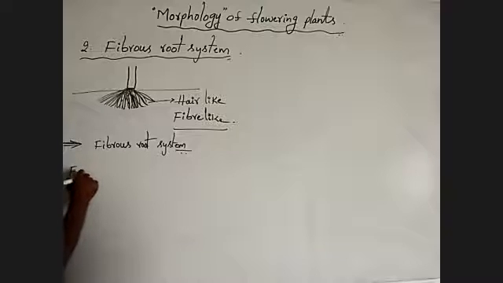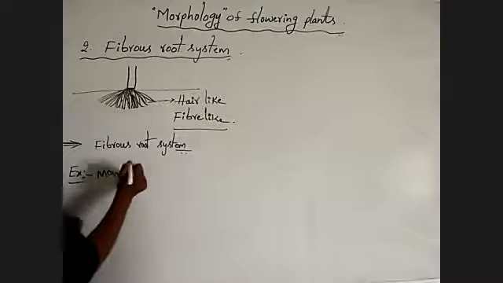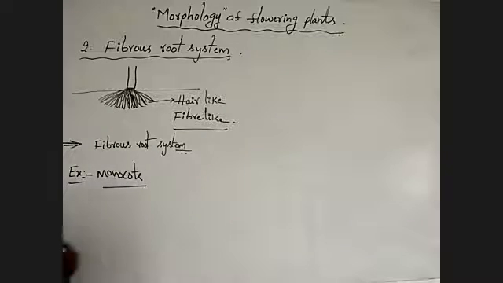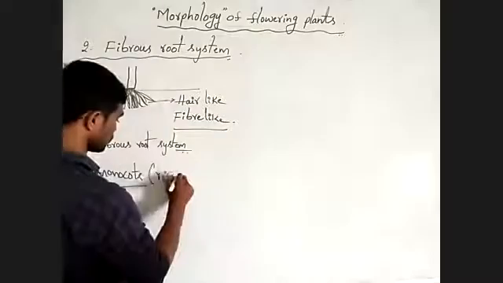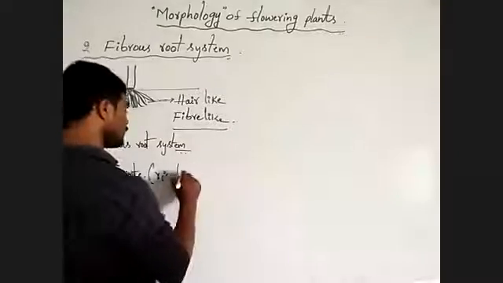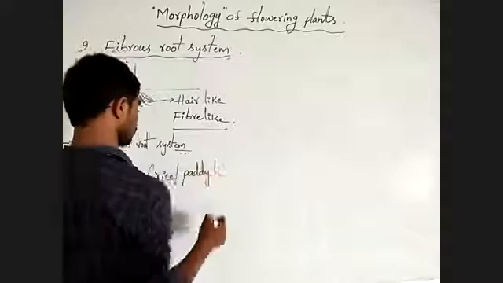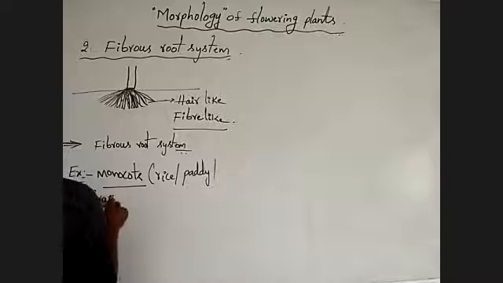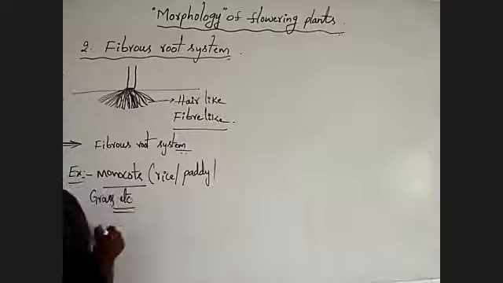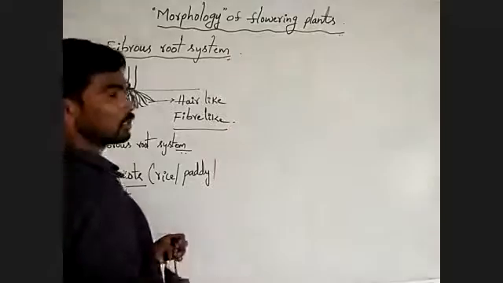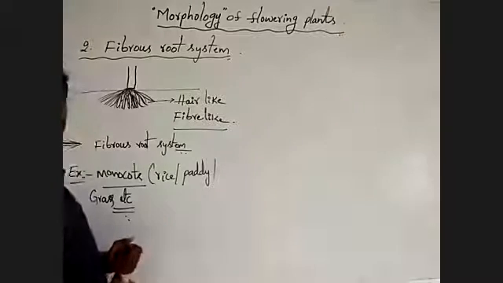Examples for this are monocots: rice or paddy, grass, maize, sorghum, bajra, wheat.